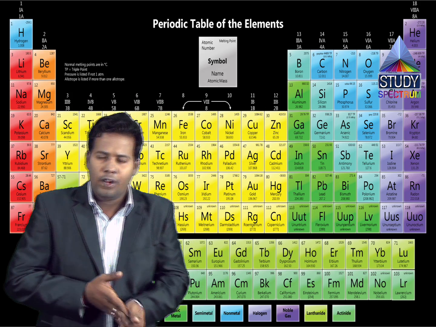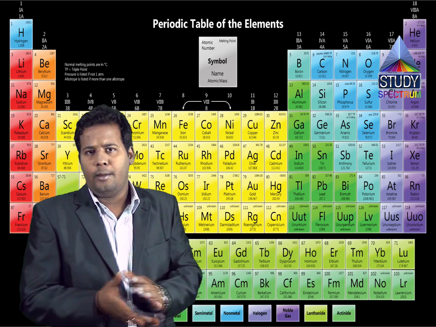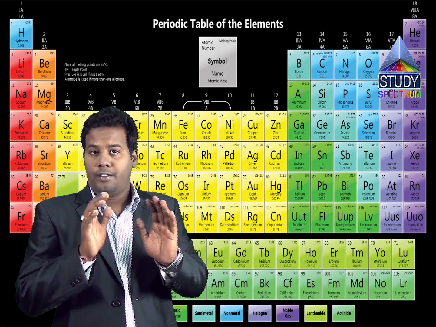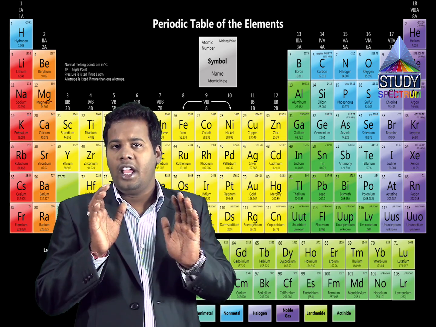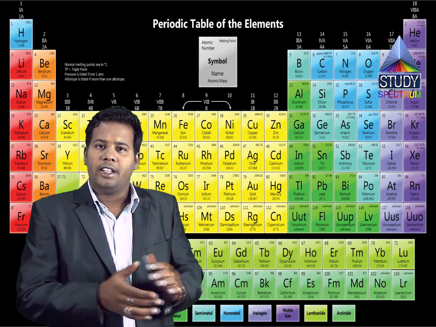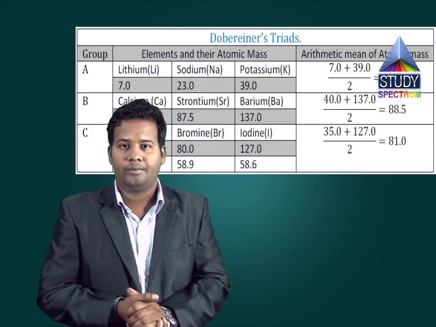So moving further, we will try and understand the laws, merits and demerits of these three scientists. The first recognized scientist, in 1829, a German scientist named Johann Wolfgang Dobereiner, gave the first law, that was the law of triads.